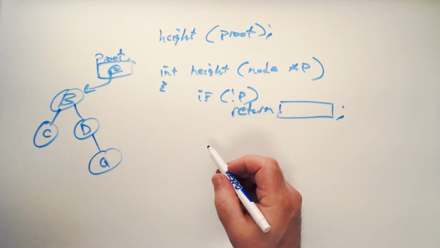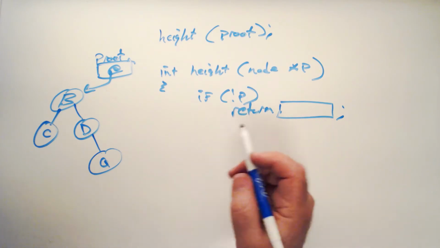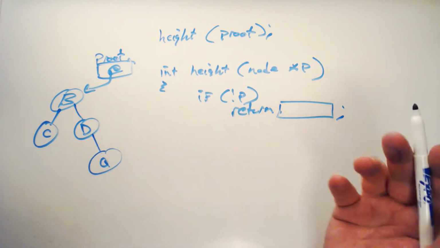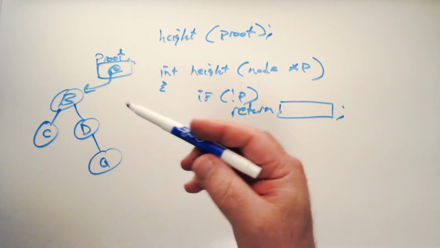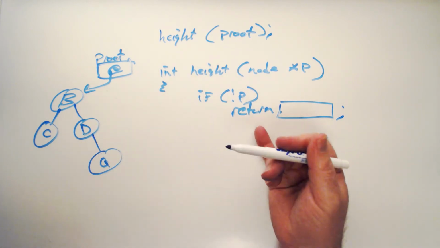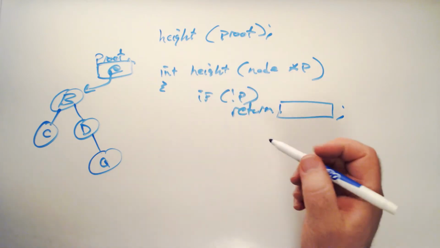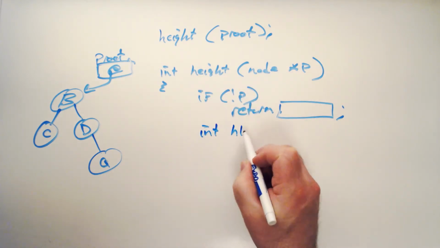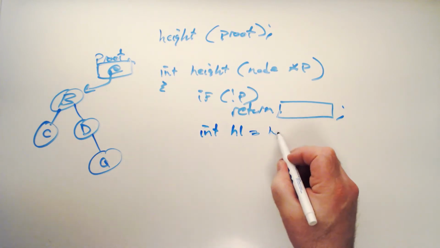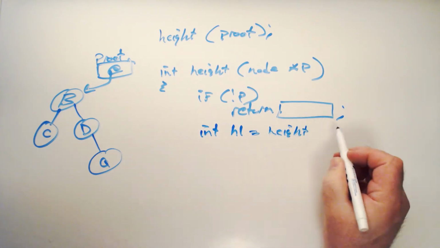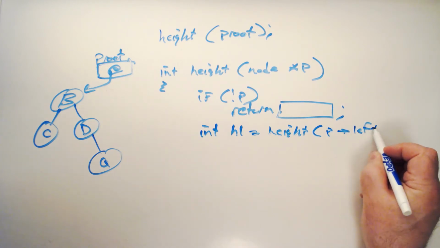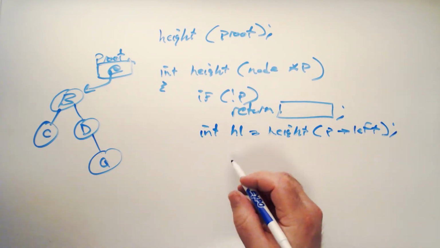All right, so what then do we do when it's not the base case? Well, we're going to ask for the height of the 2 subtrees. And we're going to say, hey, whatever one's bigger, that's the height of the node in question, and we got to add 1, right? So let's say int height of the left tree equals height, and you pass it p left, which itself may or may not be null, right?